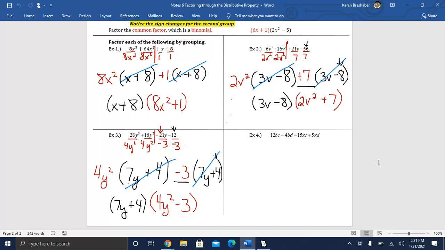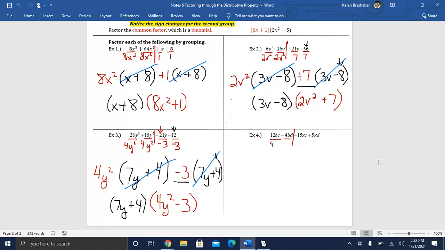However, I do not have a common variable in each term, nor can I divide out the same number from each one of those terms. So I'll draw my cut line. I'll concentrate just on the front. Starting with 4, will both terms divide by 4?